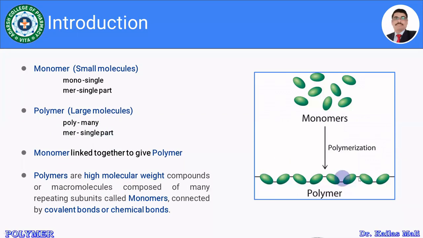When monomers are linked together, it gives the polymer. So polymers are the high molecular weight compounds composed of many repeating subunits called monomers connected by covalent bonds or chemical bonds.